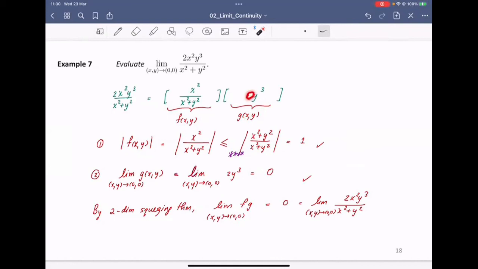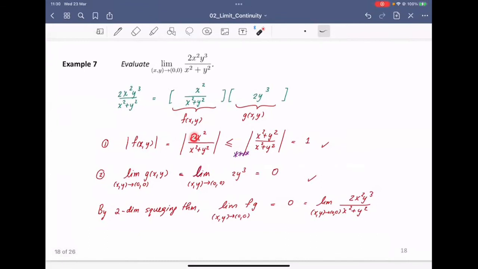If you move number 2 to this side, it's still okay because you're going to have 2 here, and it's fine as long as you bound with any number. You can put 2 here as well, or you can pick this to be y squared, and then you keep 2x squared y with g. It's okay too.